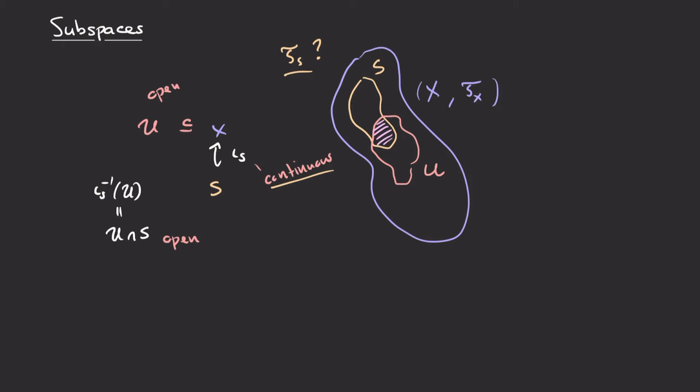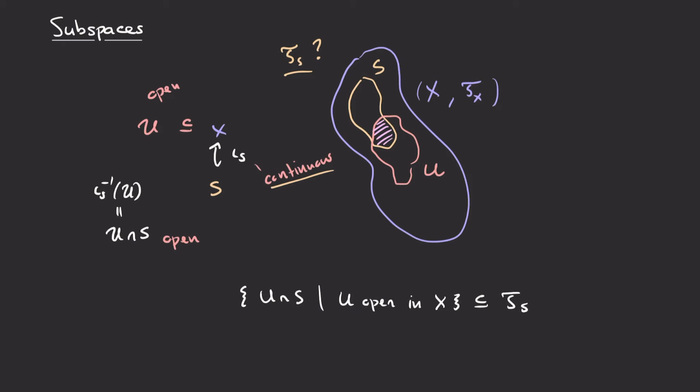So that's a necessary condition in order to make iota S continuous. So our discussion so far has shown that the following set, namely U intersection S, where U is open in X, this set needs to be a subset of tau S if we want this inclusion to be continuous.